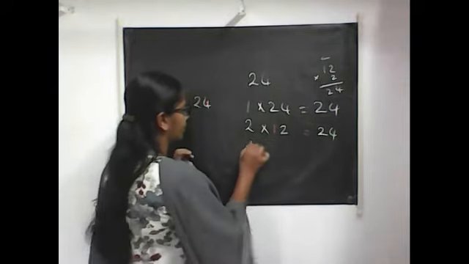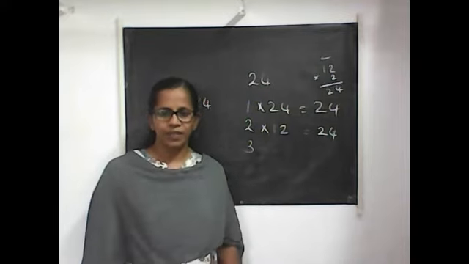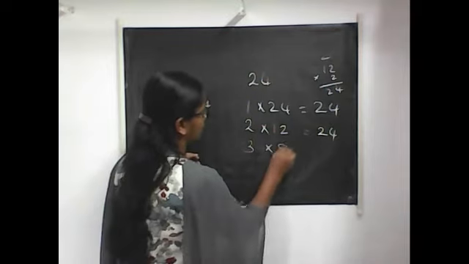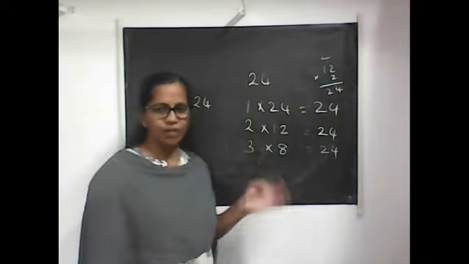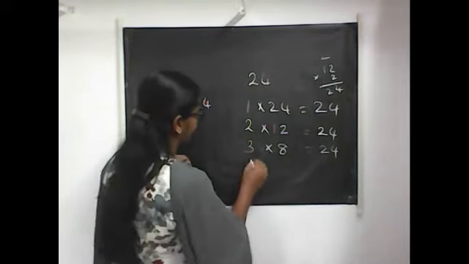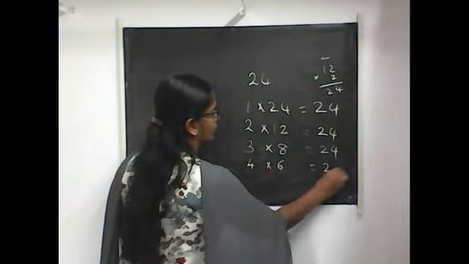Next take 3. In 3's table, does 24 come as the product with any number? Yes, 3 into 8 is 24. Then in 4's table, is there? Yes, 4 into 6 is 24.